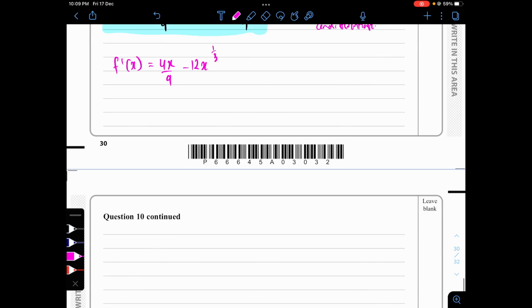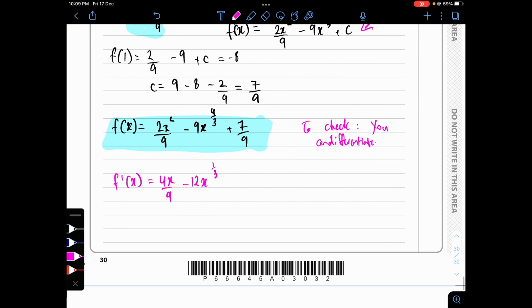Well, let's say you're not sure, and let's differentiate again. We'll get 4 over 9 minus 4 x to the power minus 2 over 3. And what we can do is sub in x equals 27, and it should equal 0.